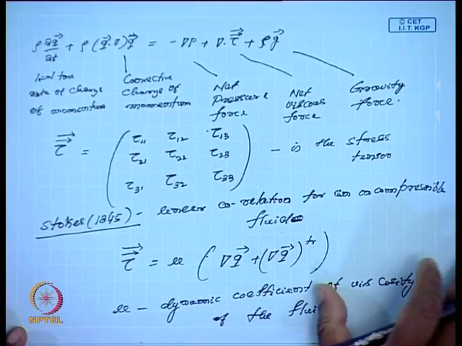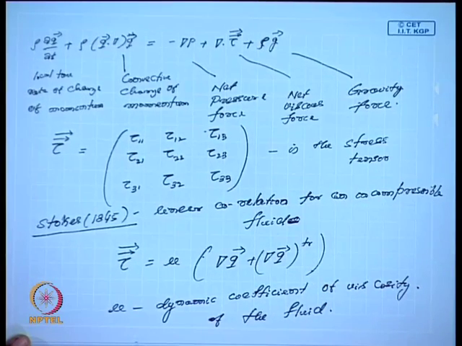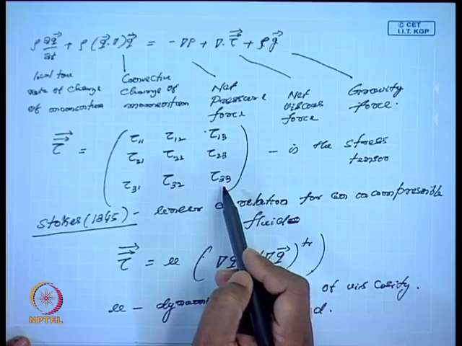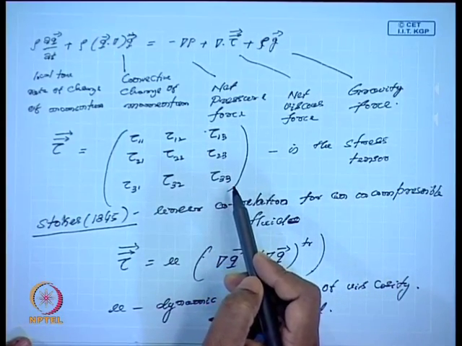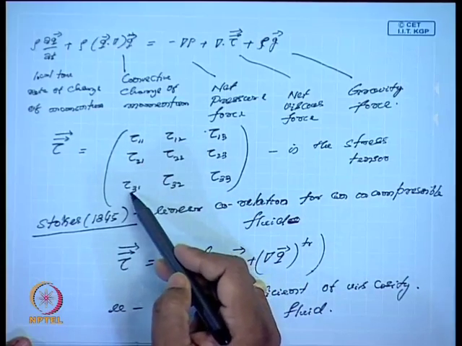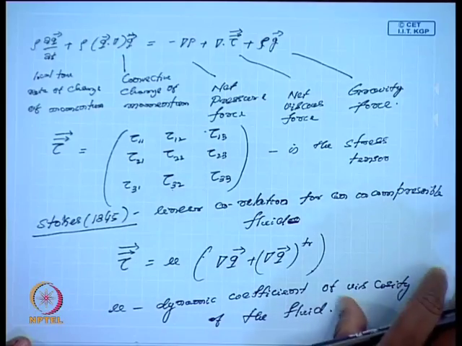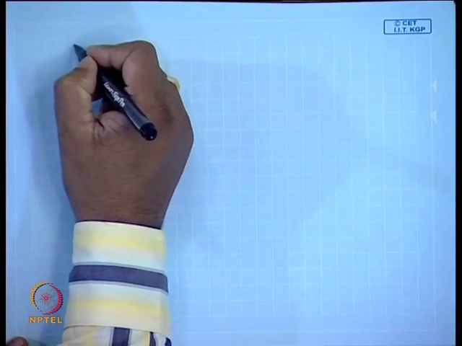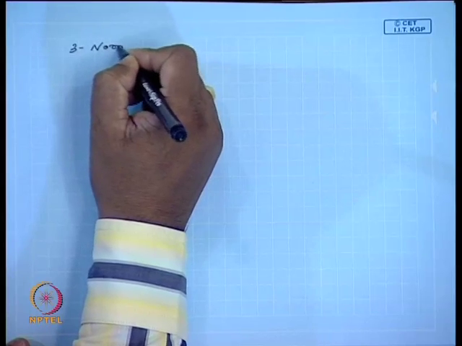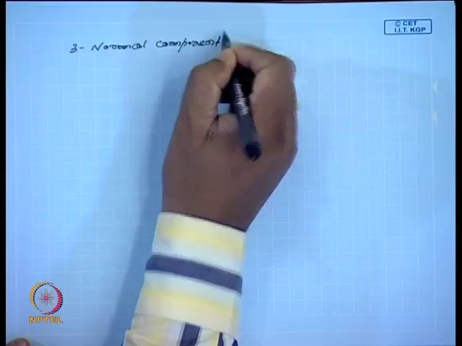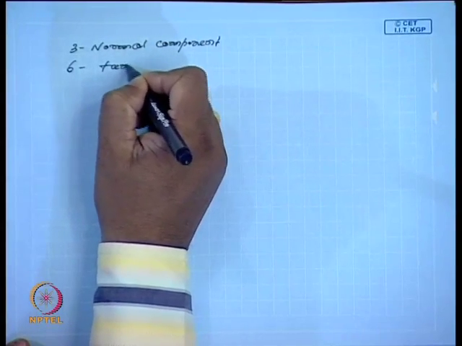This stress tensor has 3 normal components, that is tau 11, tau 22, tau 33, and 6 tangential components, that is tau 12, tau 13, tau 31, tau 32, tau 23 and so on. So, it has 3 normal components and 6 tangential components.